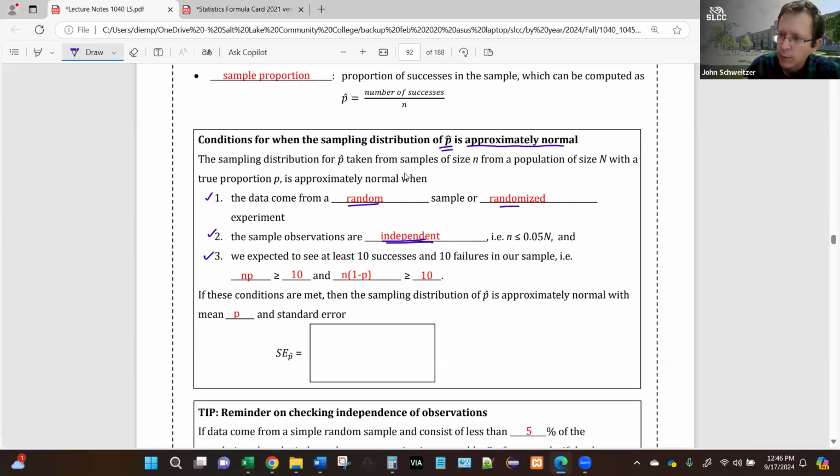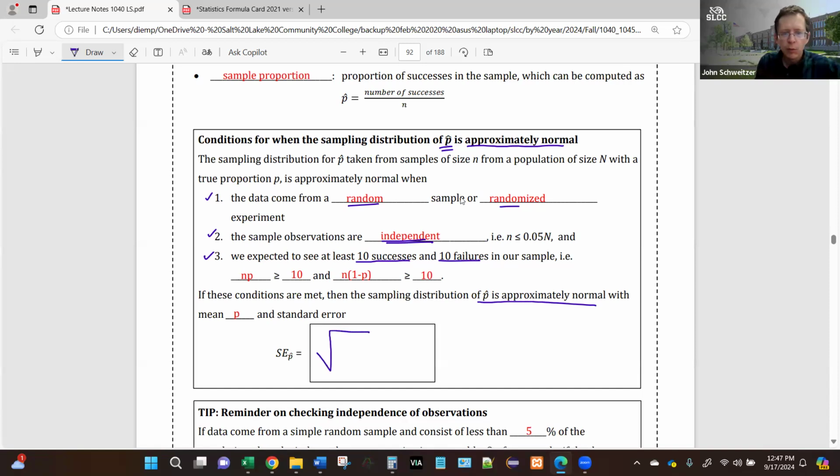If everybody's turning their head to the right 100% of the time, it's kind of hard to estimate the number of left turns. So we need enough in both categories, and the rule of thumb is we have at least 10 in the success category and 10 in the failure category. If those three conditions are met, then p hat is approximately normal, and we know what the standard error is.